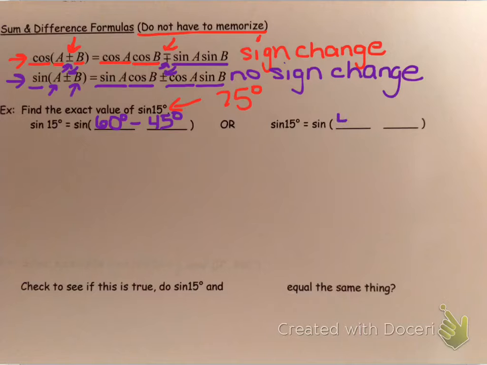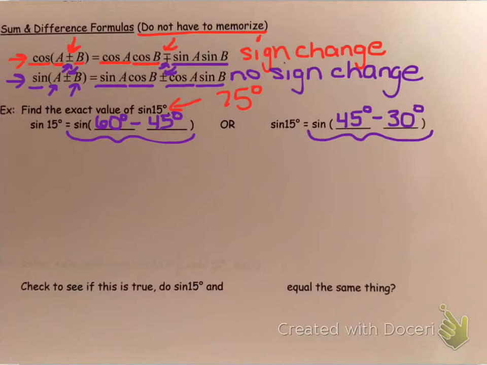You could do 45 degrees minus 30 degrees. There's lots of different angles you could use to get 15 degrees. You could do 150 minus 135 if you really wanted to. I just chose quadrant 1 angles so that I would have all positive numbers.